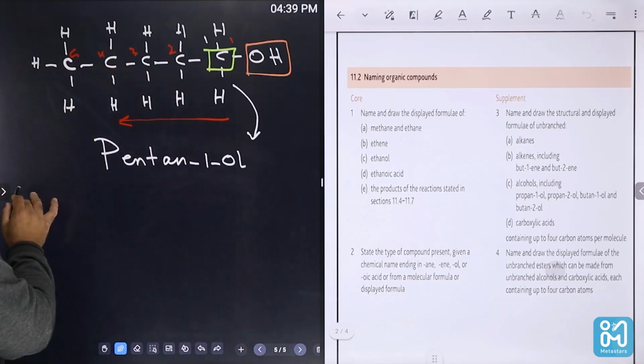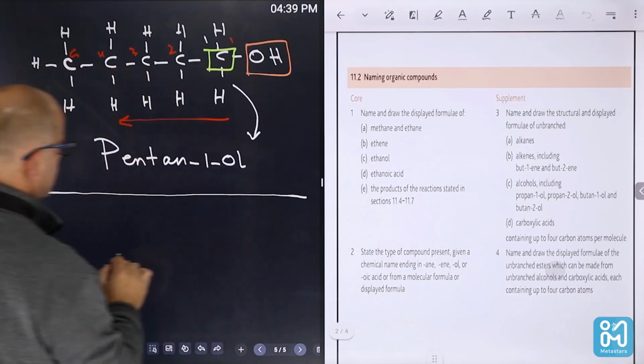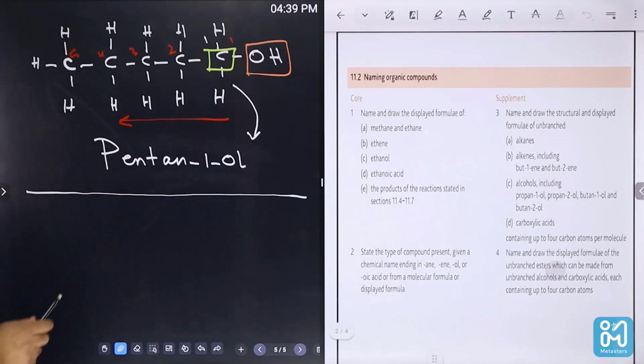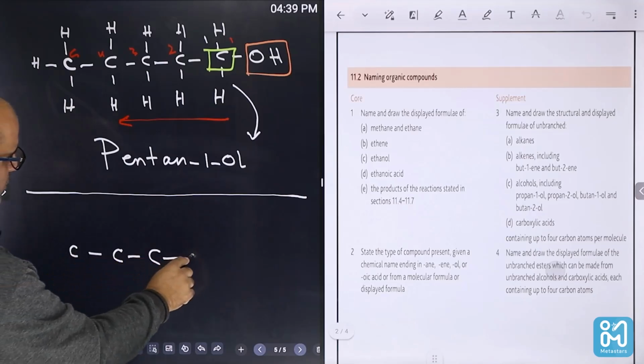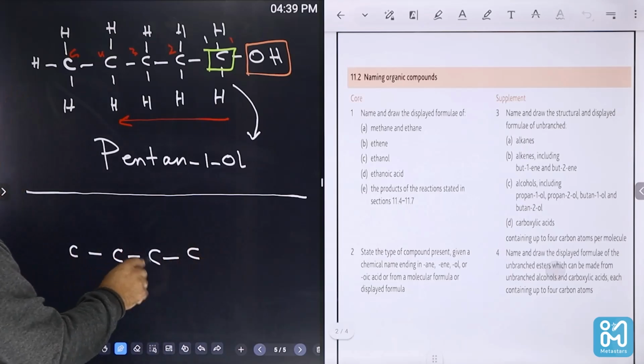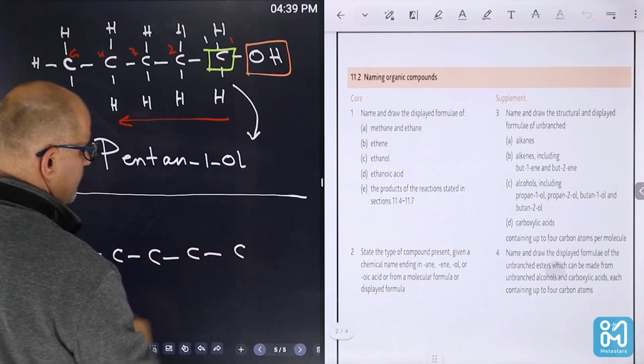Now, the second probable structure for this alcohol: we can change the position of the carbon of the alcoholic group. 1, 2, 3, 4, 5.